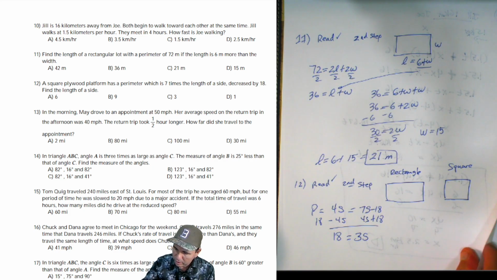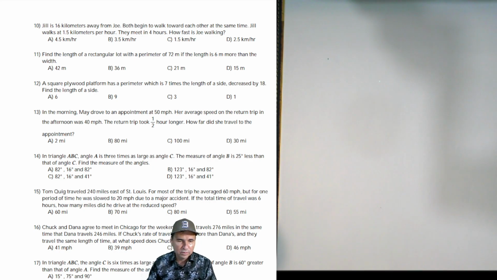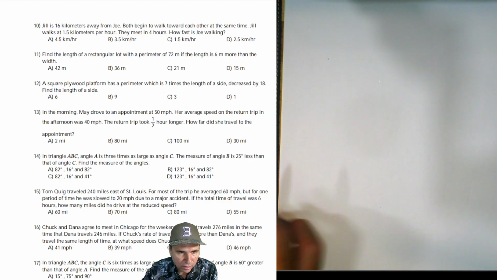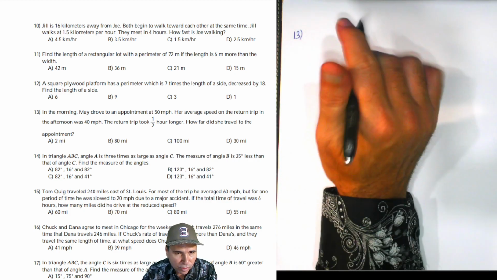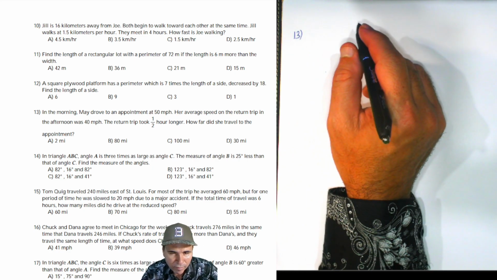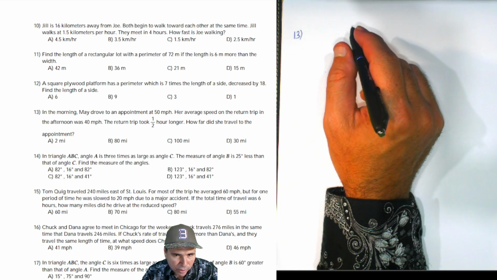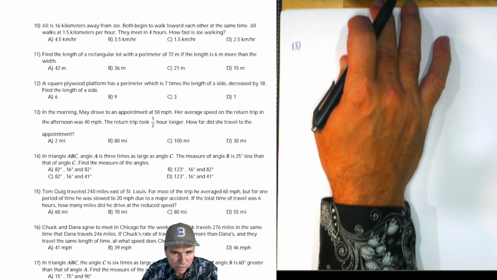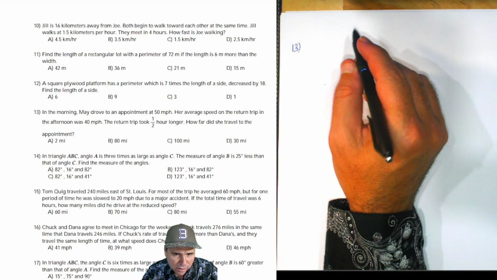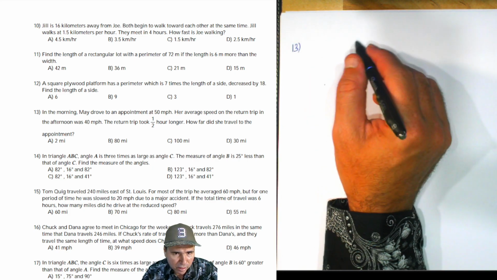Okay, number 13 says, in the morning, May drove to an appointment at 50 miles per hour. Her average speed on the return trip in the afternoon was 40 miles per hour. The return trip took half an hour longer. Okay, so it's understood that it's the same distance going and coming.